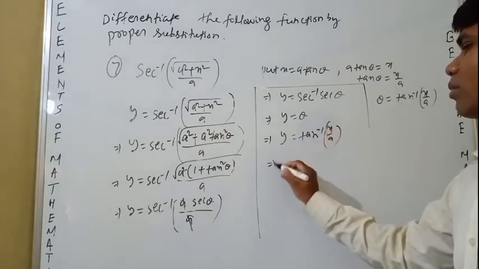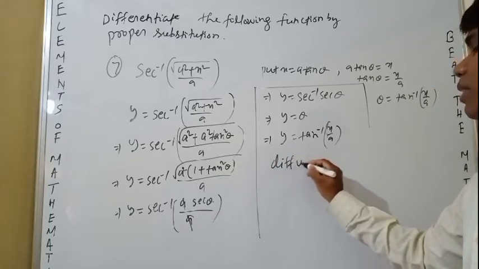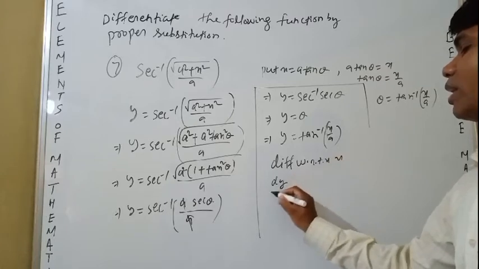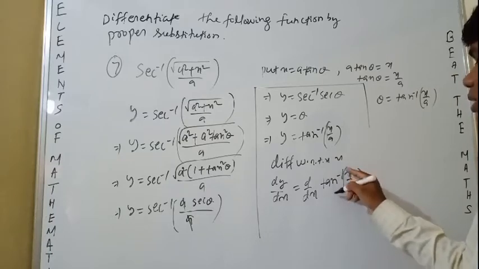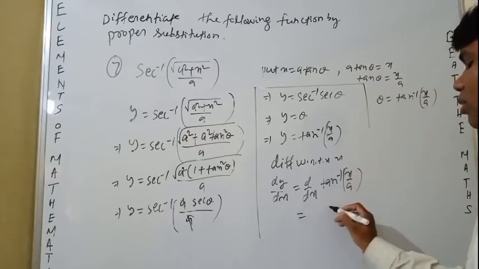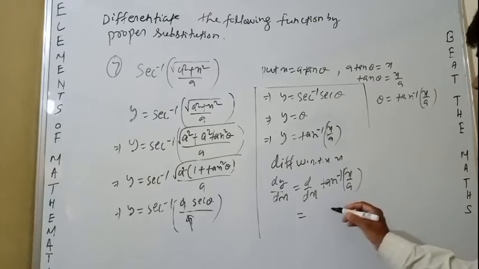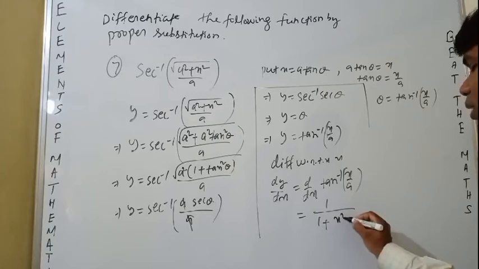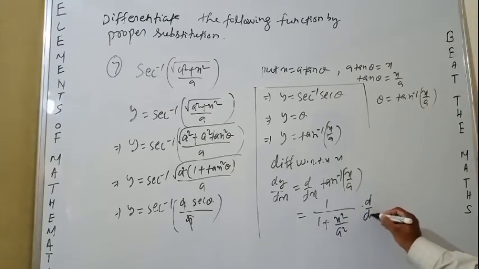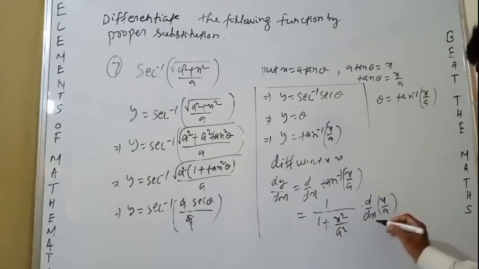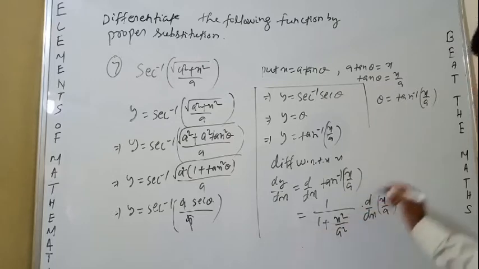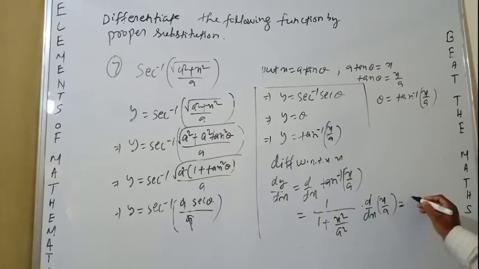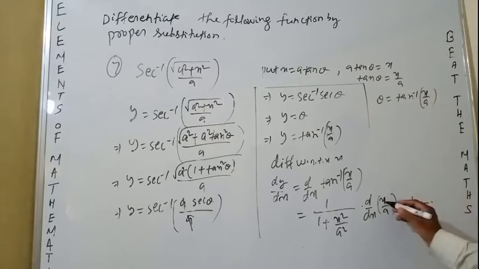This implies, differentiate y with respect to x. dy by dx is equal to d by dx of tan inverse x by a, which is equal to 1 by 1 plus x square by a square, times the derivative of x by a.